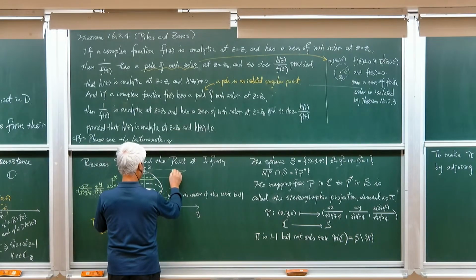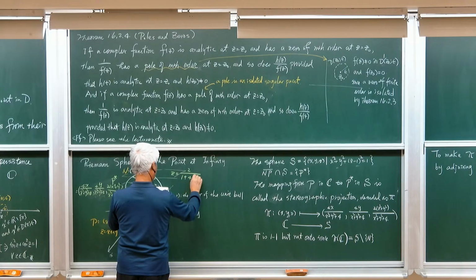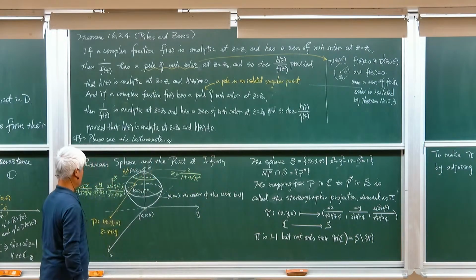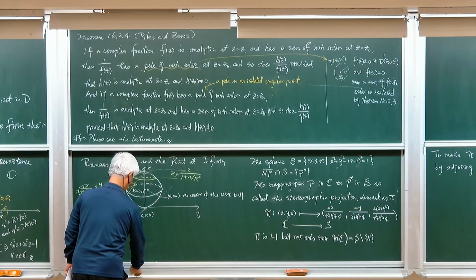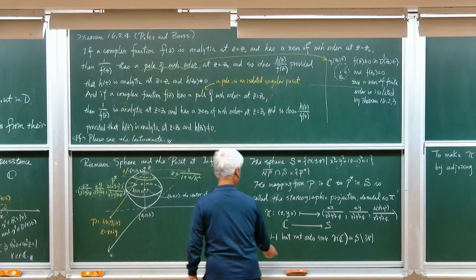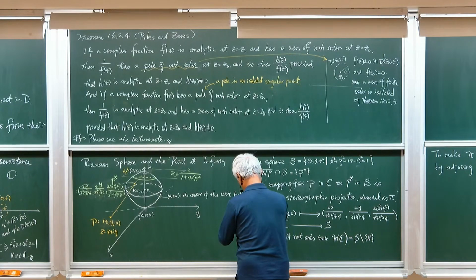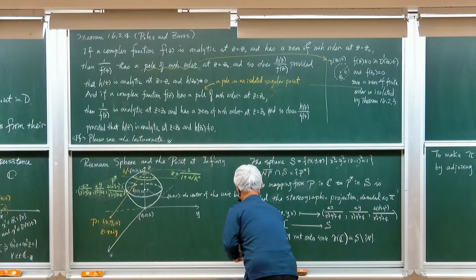This is the plane z equal to 2 times 1 plus 4 divided by r squared.